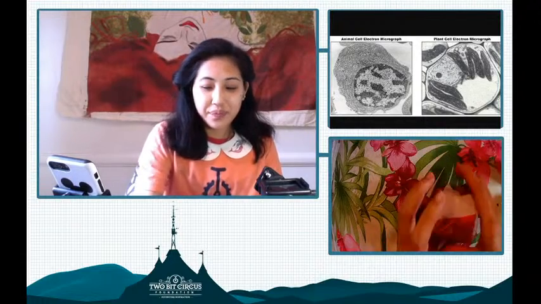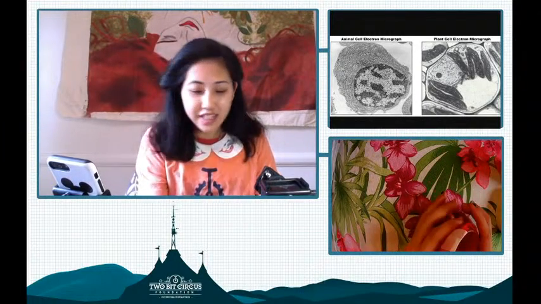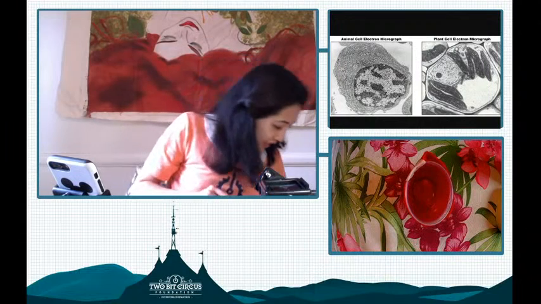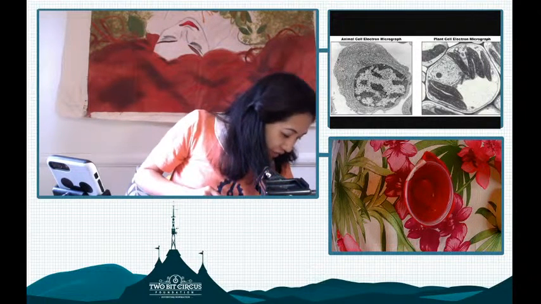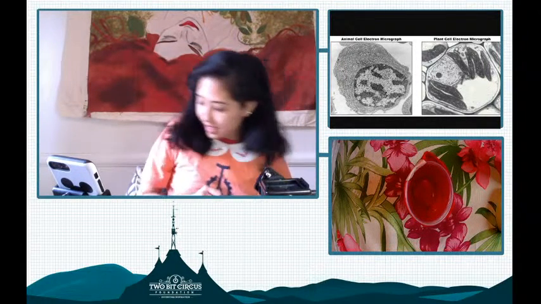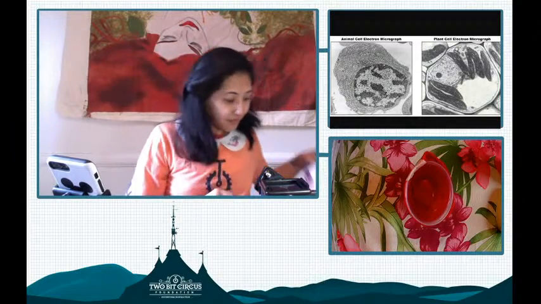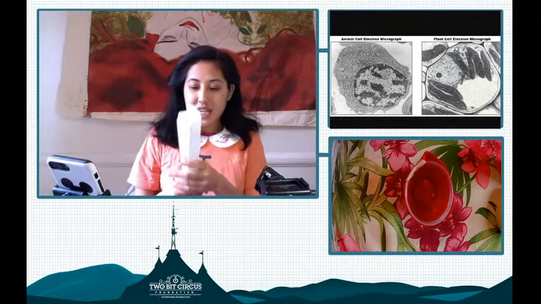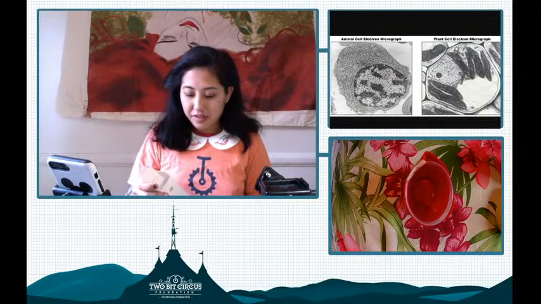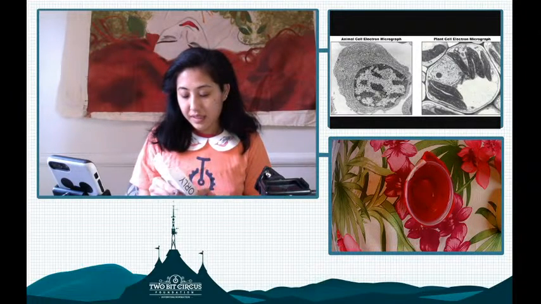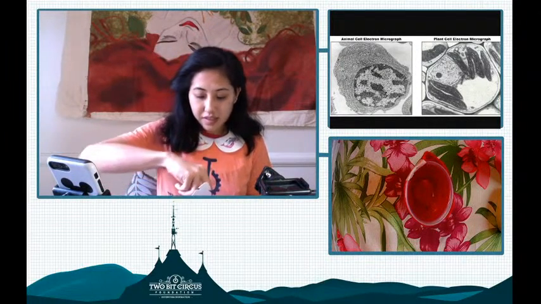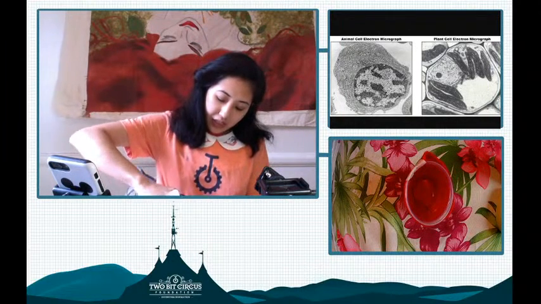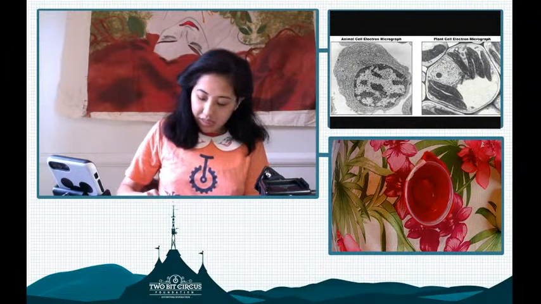Okay, so the nucleus is usually a big round spot that has something in the center of it. Well, I have these cardboard pieces. Used to be a nail polish stand.